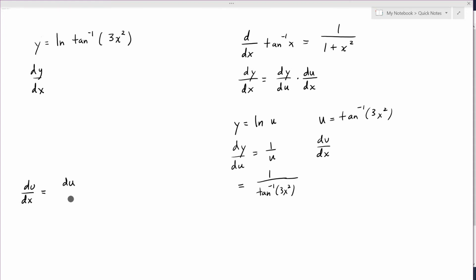So we're going to say du/dv times dv/dx. In this case, v is going to be the inner function, and u is going to be the outer function. So in this case, the inner function is 3x squared. We're going to call that v. And then the outer function will be inverse tangent of v.